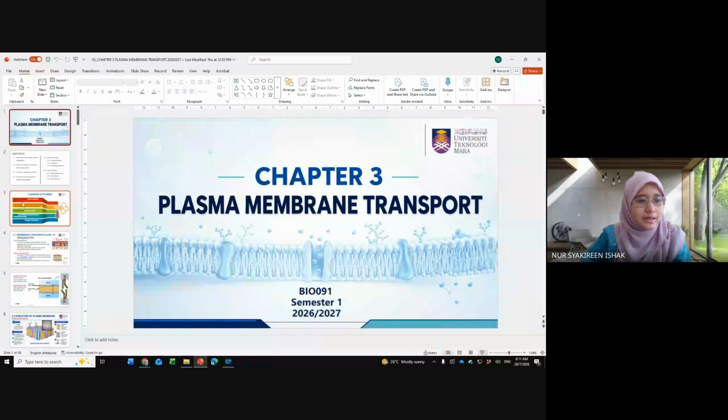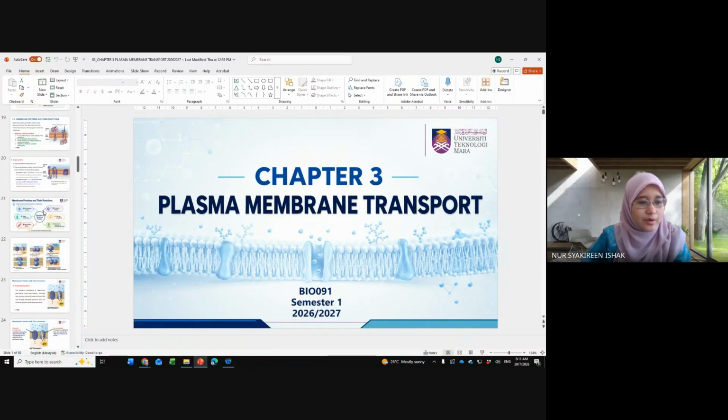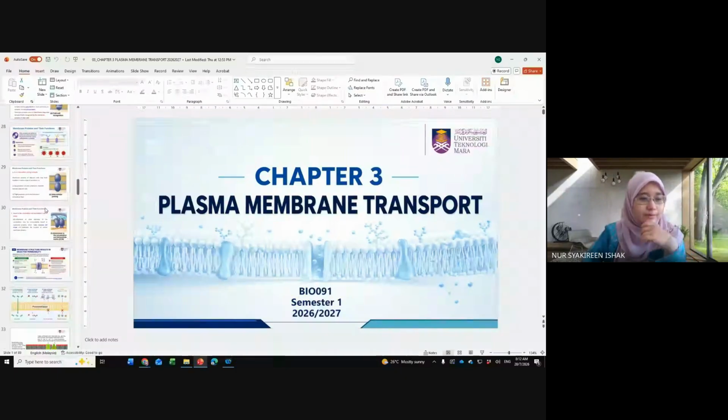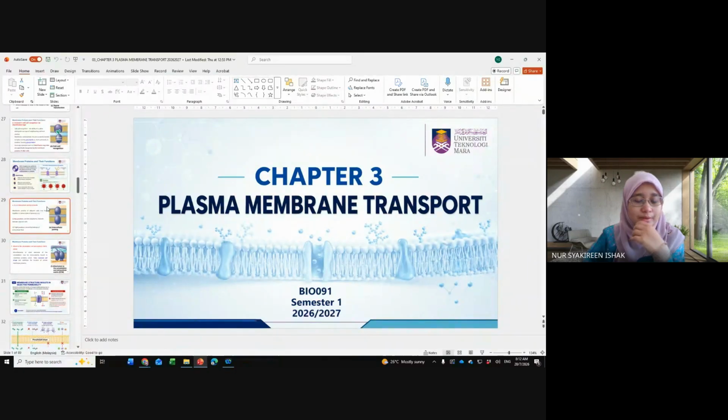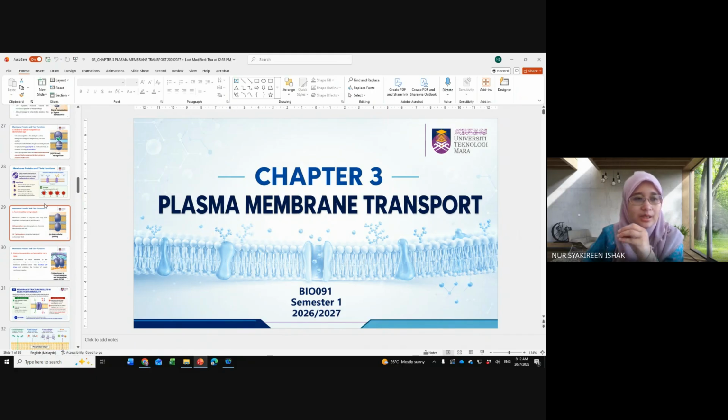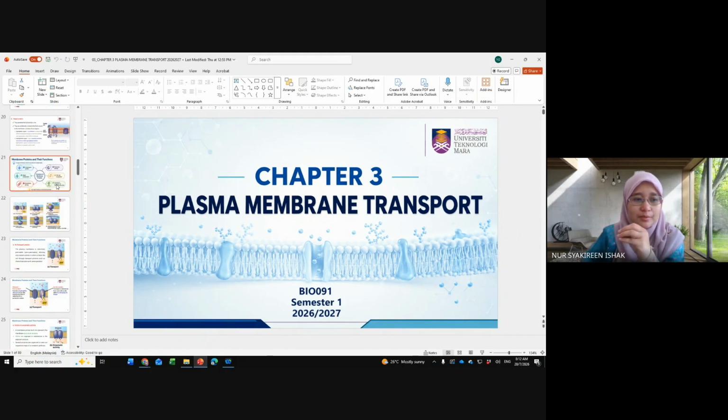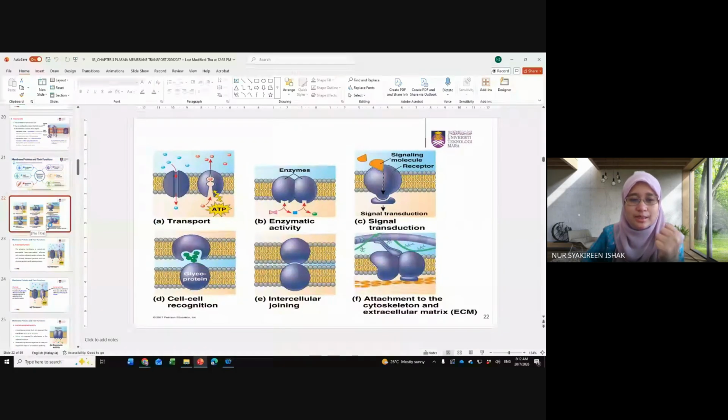So basically, before osmosis, we have looked at the different functions of membrane proteins. Okay, so there are 6 different functions of membrane proteins. So some will function as transport protein to transport substances across the membrane, either in or out.